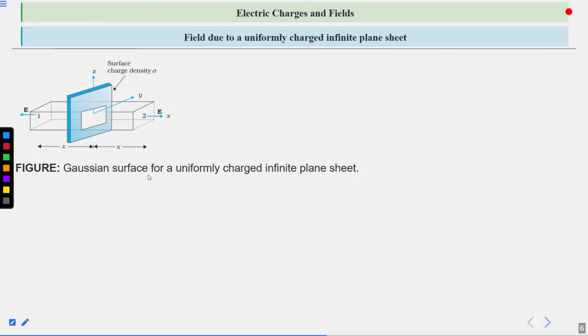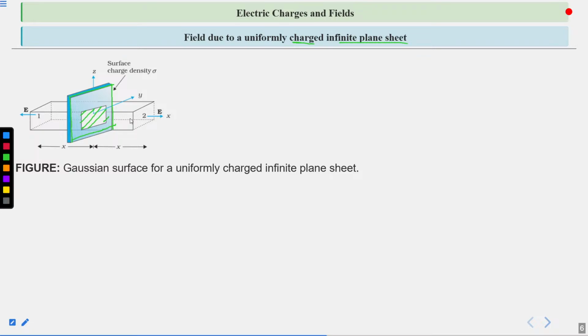Now we will calculate the electric field due to a uniformly charged infinite plane sheet. This sheet is infinite. We find the electric field due to this phase and due to the opposite phase of this plane sheet.